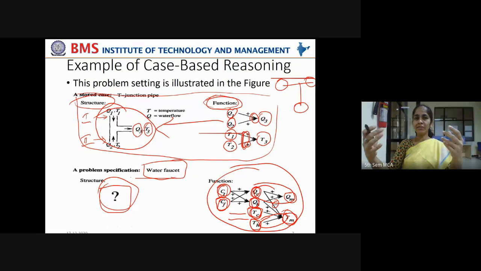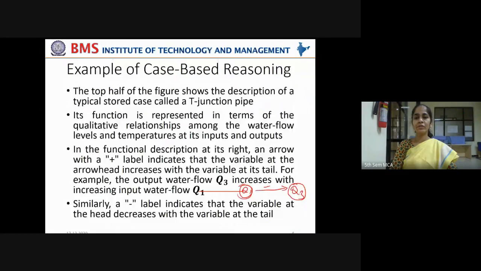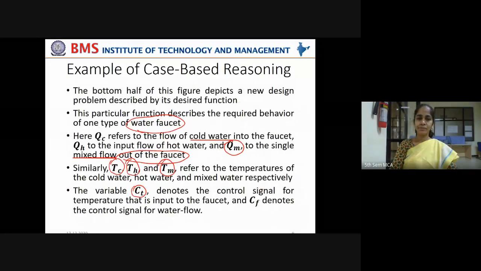Now these two structures will be joined or made compatible enough to address the entire functionality that is given newly. This new functionality can be addressed by combining two existing structures. So if no exact match is found, combining the structures can also be done. That is what is being told here.